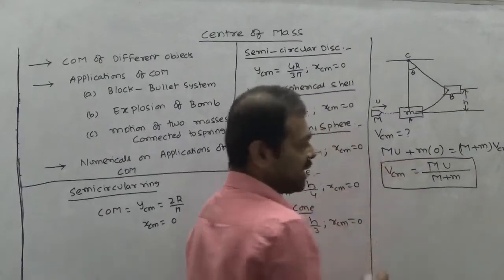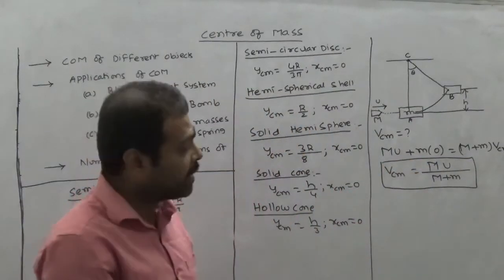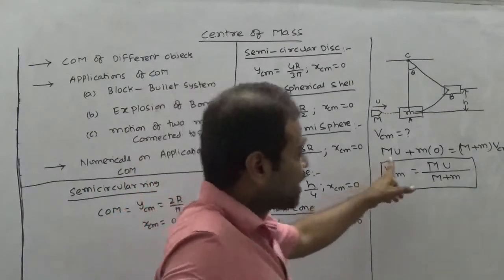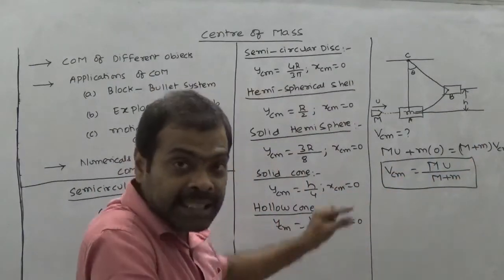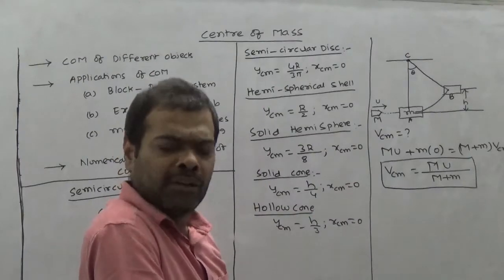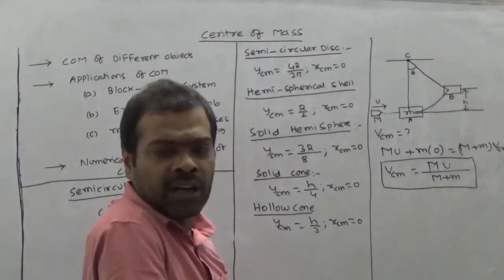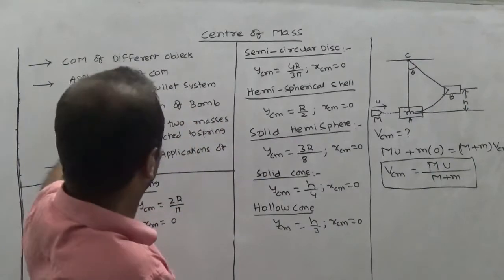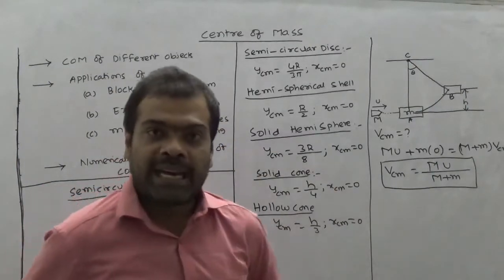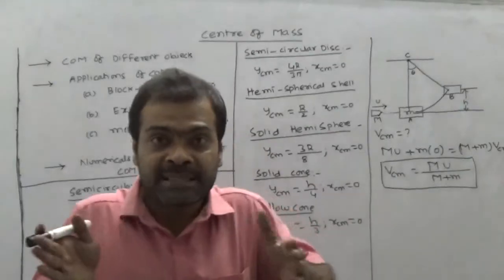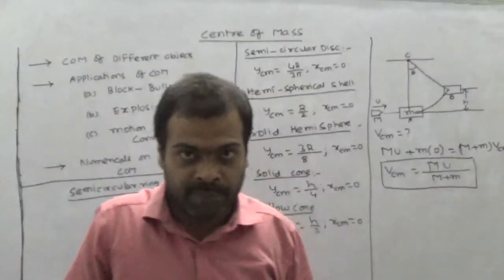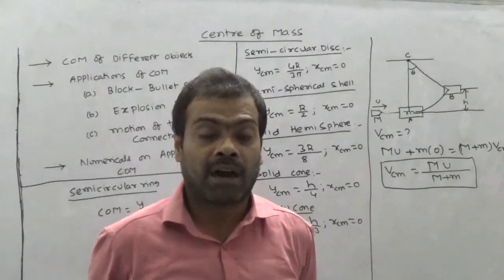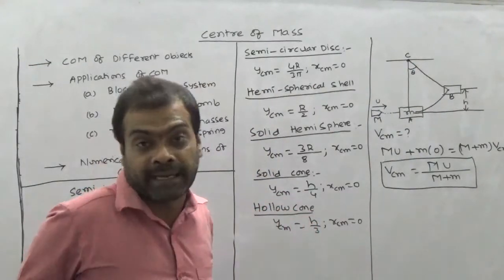So whenever they give the system and ask to find the velocity of center of mass, then we need to apply conservation of momentum. In the same case, in your reference books or in all corporate study materials, you can see after this block and bullet system, we are having a man moving on a plank. Then we need to find the velocity of center of mass of the man with respect to the plank.